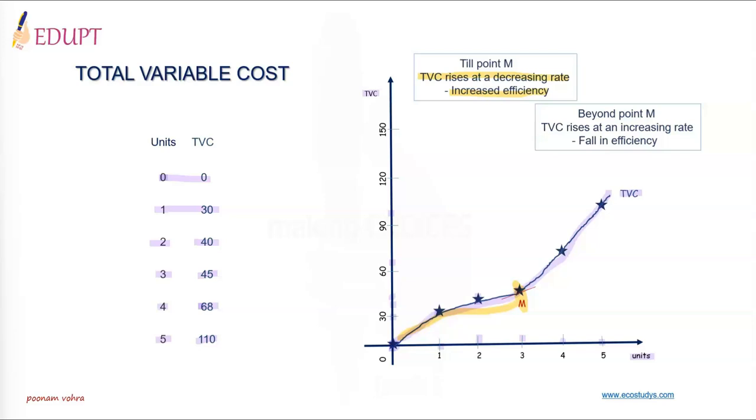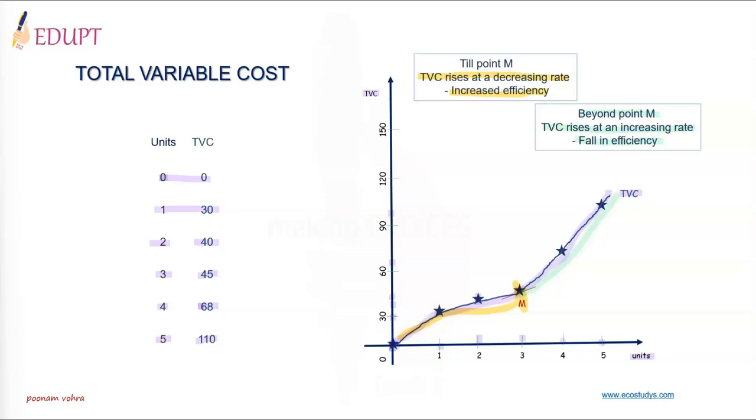In the second phase, total variable cost increases at an increasing rate, that is beyond point M. This means that every new unit of output produced has a higher cost as compared to the previous unit. This is on account of fall in efficiency of the variable input due to the overutilization of fixed inputs.